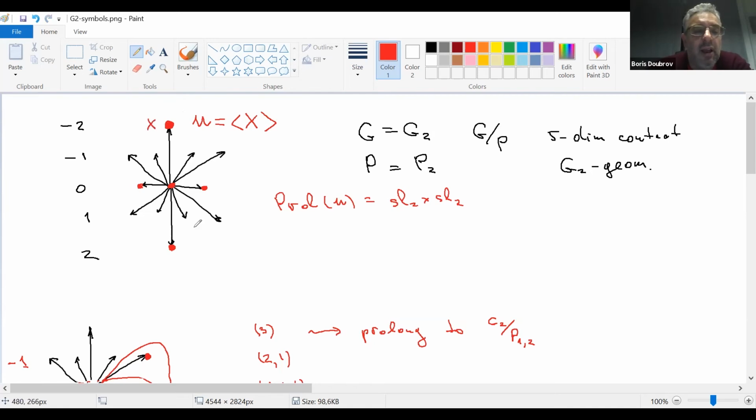Clearly, we have y sitting here and h sitting somewhere here as a one-dimensional subspace in the Cartan subalgebra. And we've seen last time the prolongation is the complete Cartan subalgebra, two-dimensional. And then these two families of orthogonal roots, short and long, so the prolongation is sl2 times sl2. So this is our prolongation.